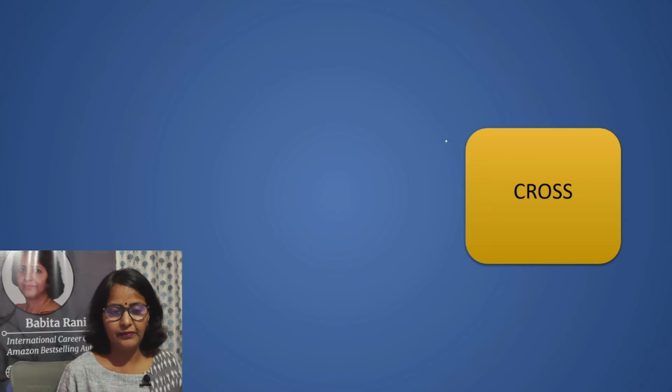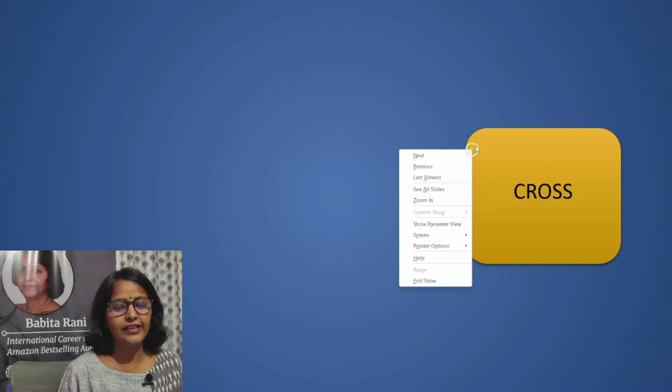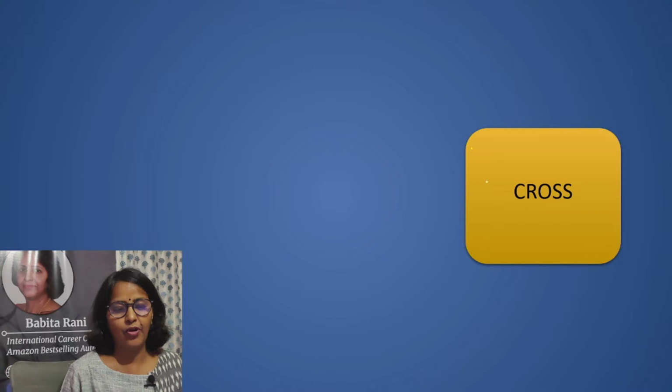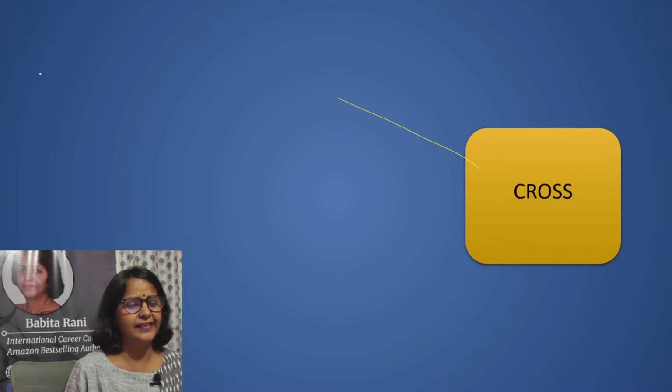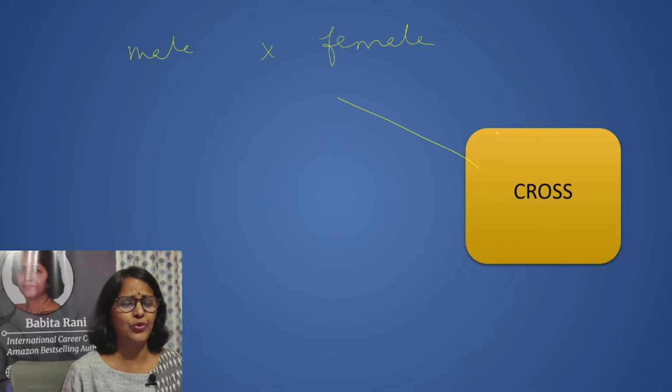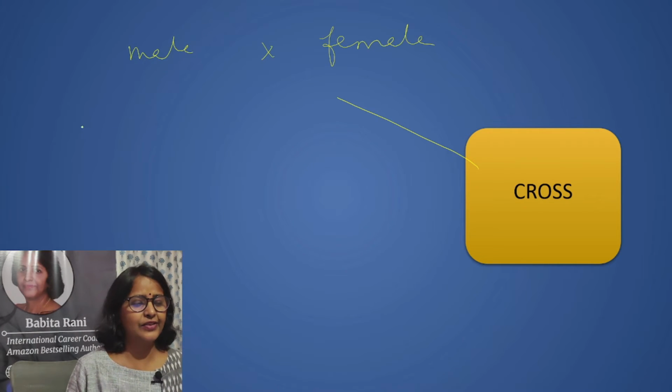Cross. Cross is simply reproduction of a plant, that is, male and female reproduce together, and that is known as cross. When we study a cross, we can study one character at a time.